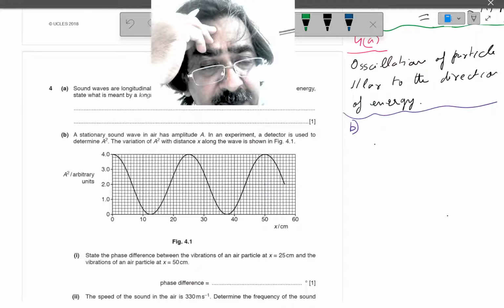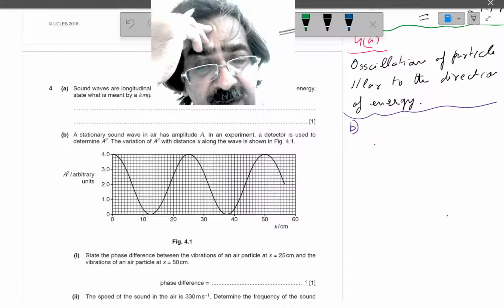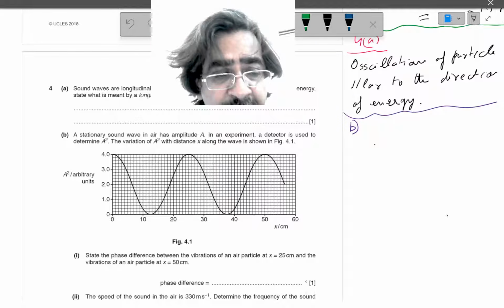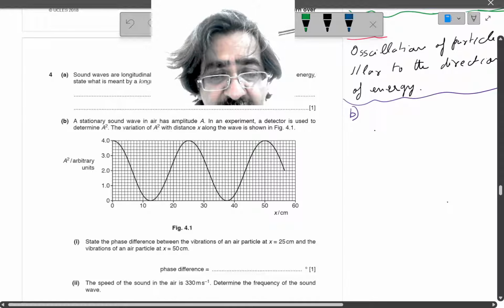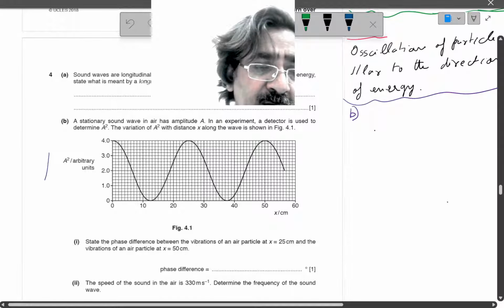The variation of A squared with distance x along the wave is shown in figure 4.1a.